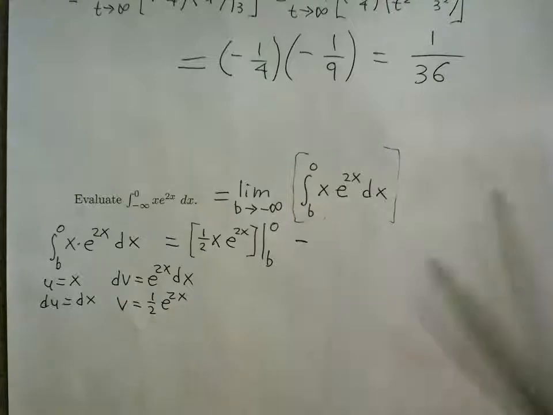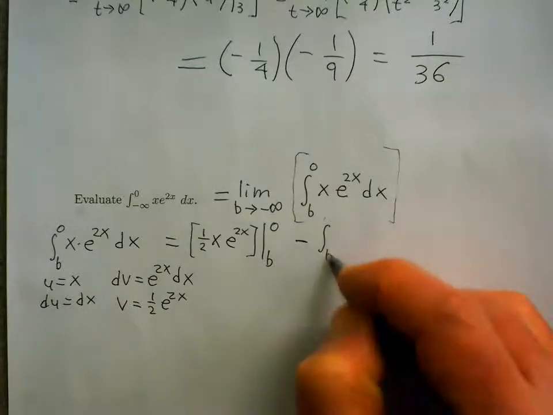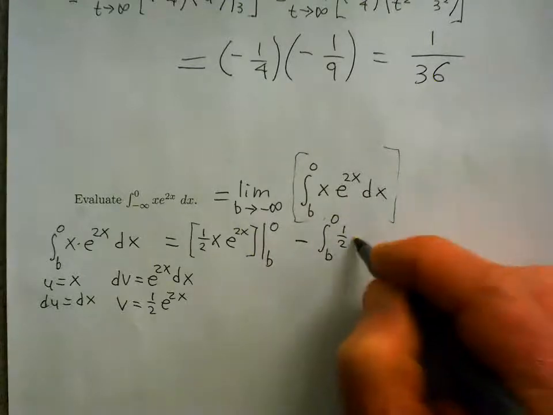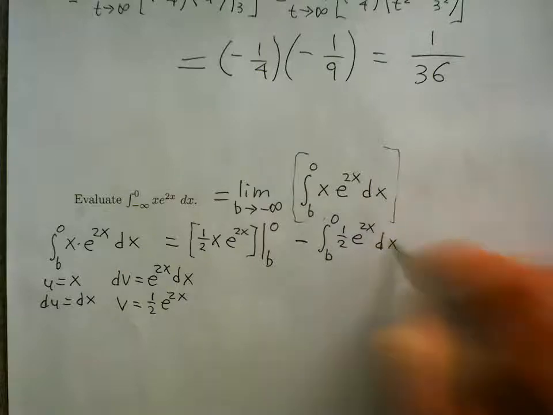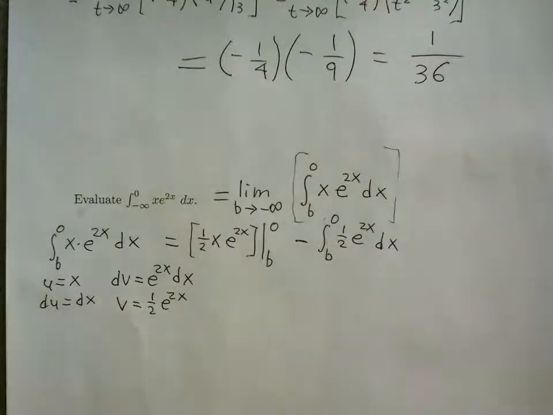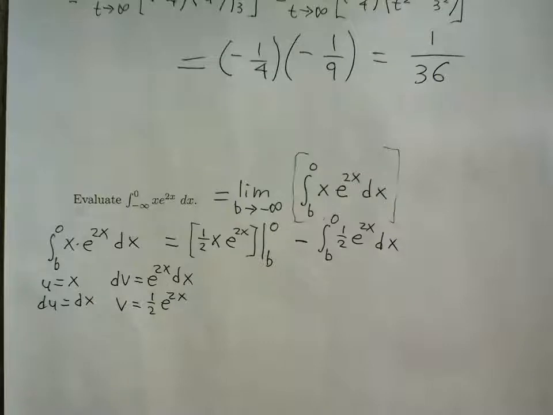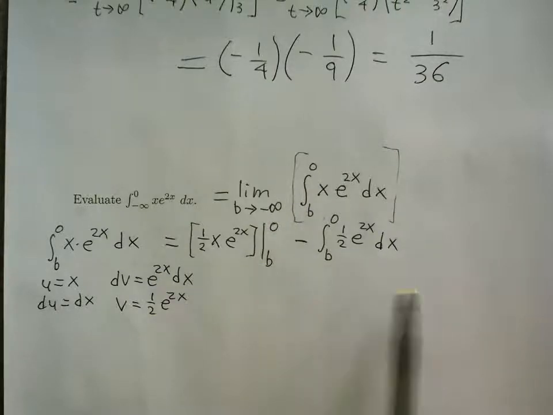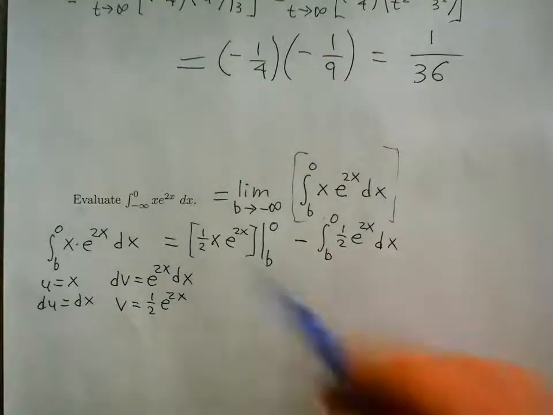So the definite integral from b to 0 of 1/2 e to the 2x dx. Okay, so this is just going to become minus 1/4 e to the 2x, evaluated from b to 0. So I'll just rewrite this part over again.